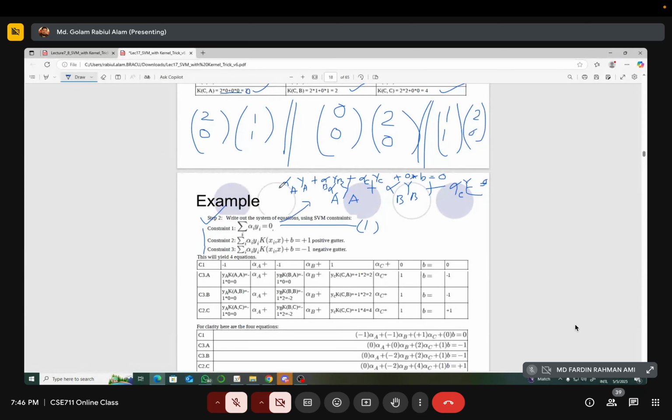So from this equation we can rewrite it this way: alpha a, but ya is negative, so negative 1 times alpha a, plus b is also negative, so the class level of yb is also negative, times alpha b, plus yc is positive class, so positive 1 times alpha c, plus 0 times b equal 0.